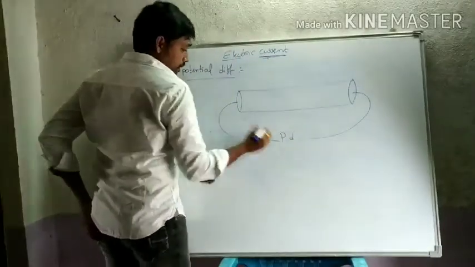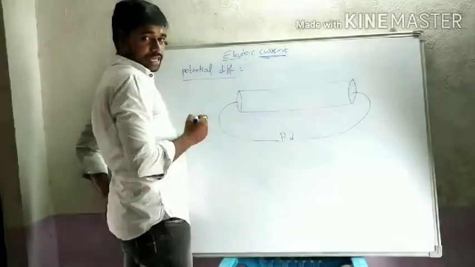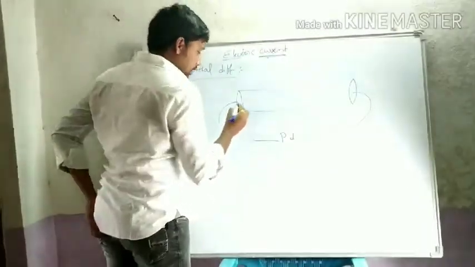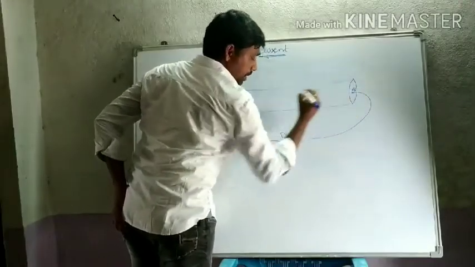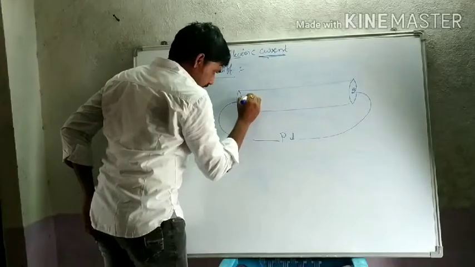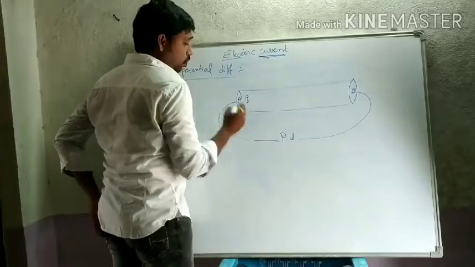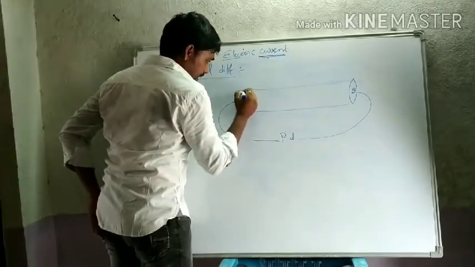So when a potential difference is connected across the terminals of a conductor, then between point A and point B the Q charge experiences a force, which we call the electric force.